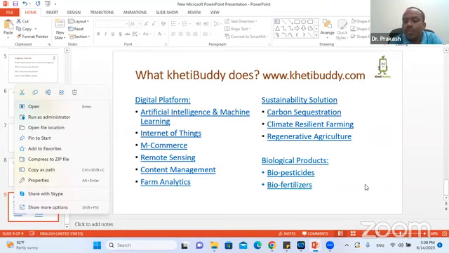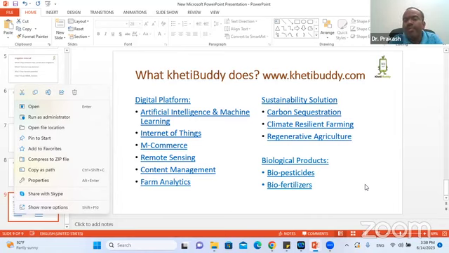We have developed carbon sequestration estimates depending on different crop schedules. If you are growing a cotton crop, what will be your carbon footprint and how can we digitize that carbon footprint as well as your carbon sequestration in the soil. So we can provide a digital solution for carbon sequestration through our sustainability solutions.